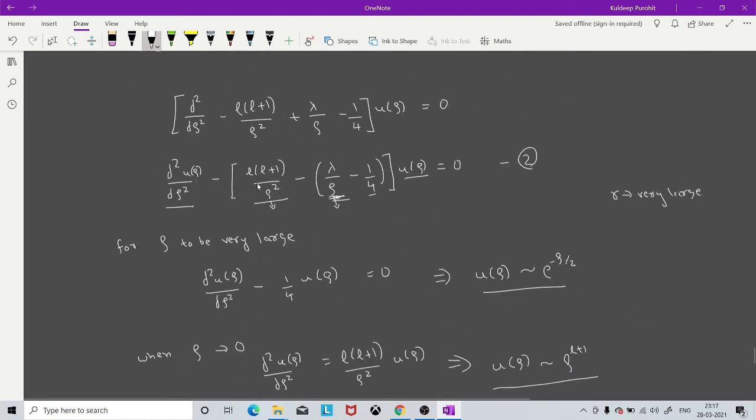Let me write it downwards. So we have derived the value of E equal to minus 1 by n square, z square e square by 2a0, where a0 is the Bohr radius, equal to h cut square by m e square.